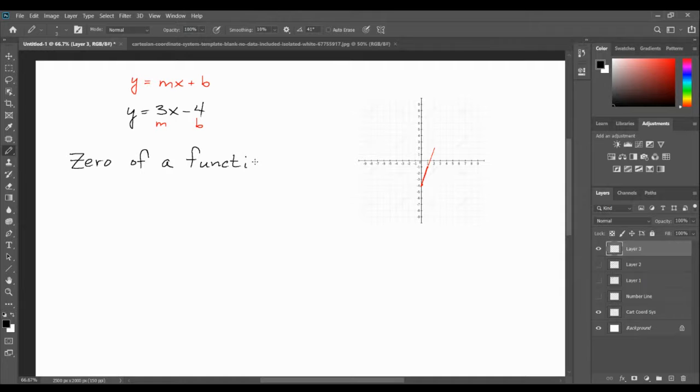The zero is an x-intercept. That's one way to look at it. It's the value of x when y equals 0.